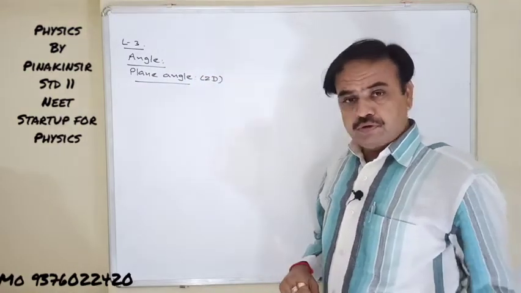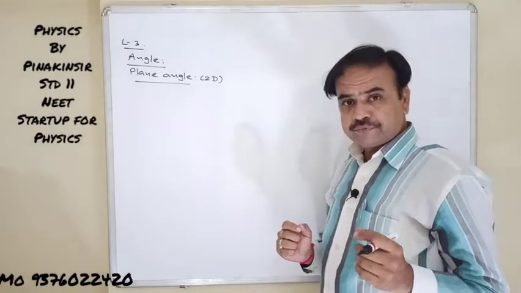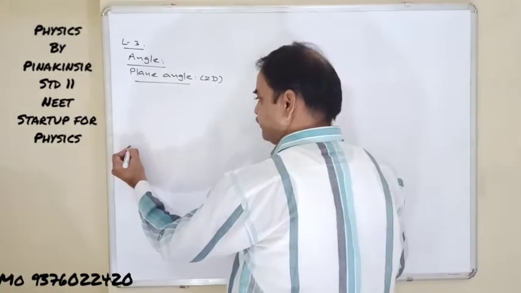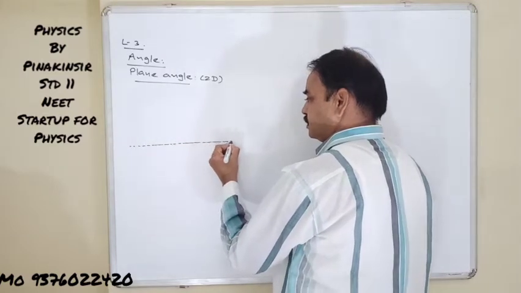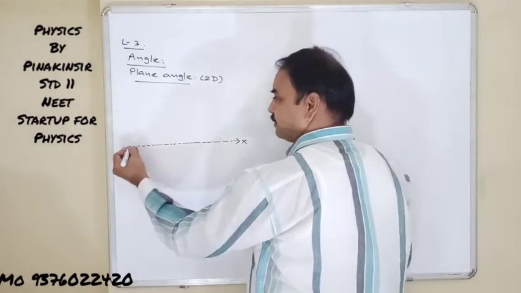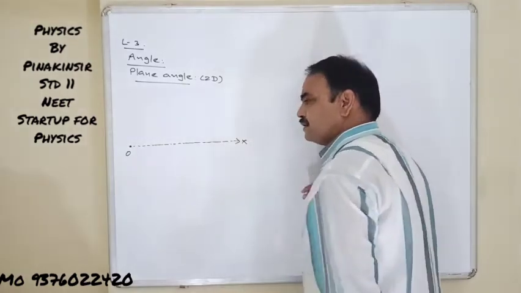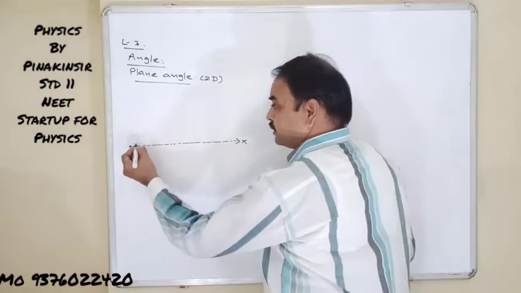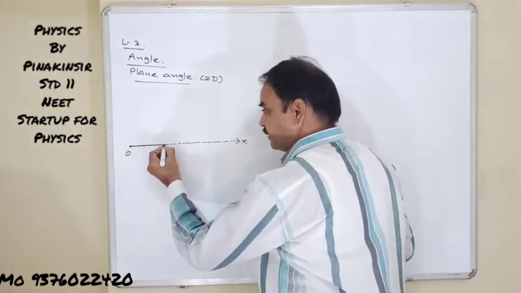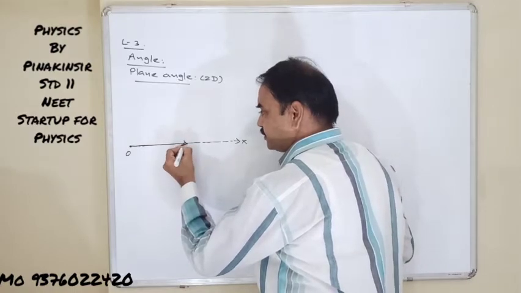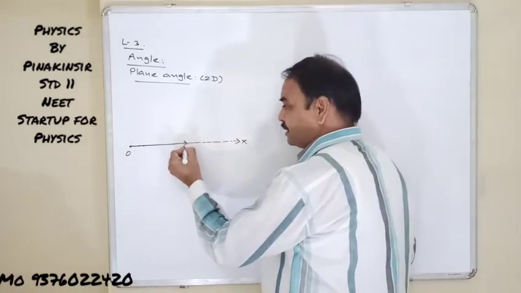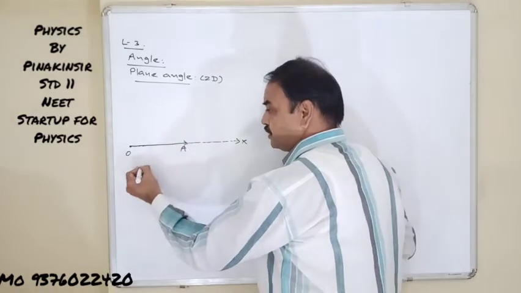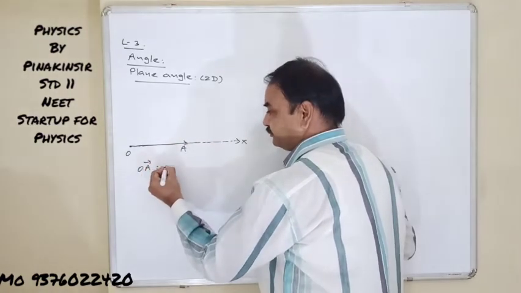Let us now take an example. Suppose we have a reference line, just like in the case of graphs. Say OX is there, O is the origin, and a ray OA is on this reference line itself. OA is its initial position.